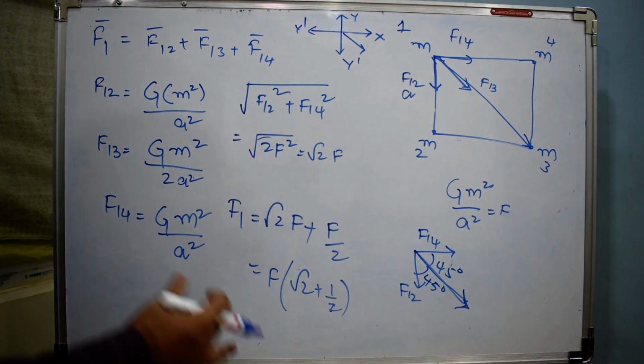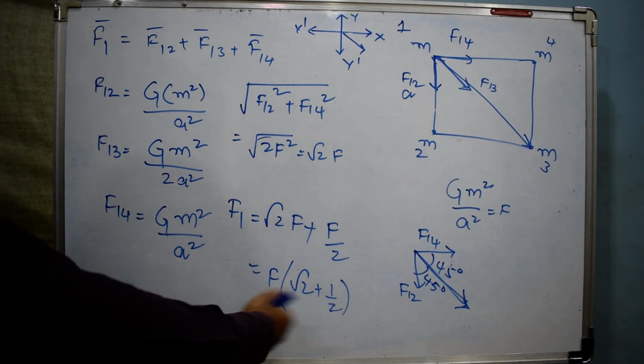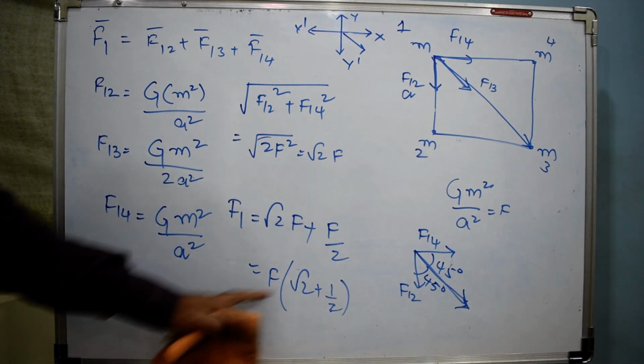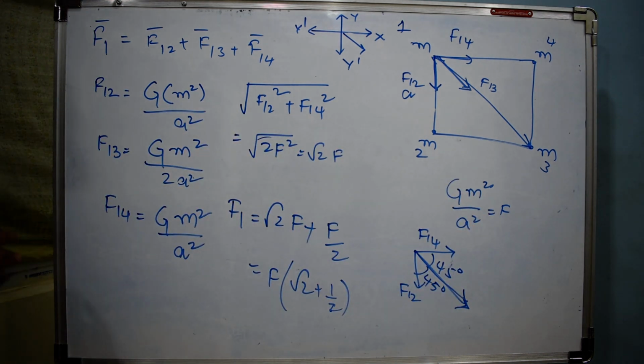Write the three forces in vector form and then add them, and you'll get the resultant. Even if you do it this way, the magnitude of that resultant again comes out to be the same, F of root 2 plus 1 by 2, where F is G m square by a square.